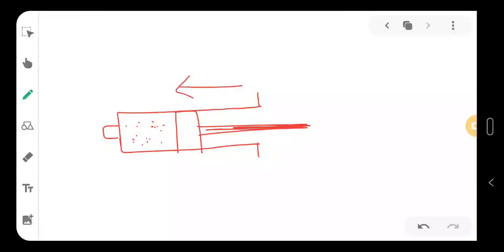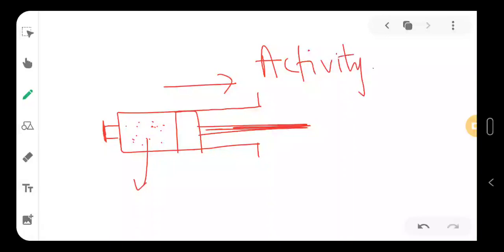You can press it hard and rapidly while blocking this portion, and you can see what is happening to the smoke. And you can do the opposite also, and notice what is happening with the smoke again. So this is one kind of activity given to you. You have to try. You can say this is homework.